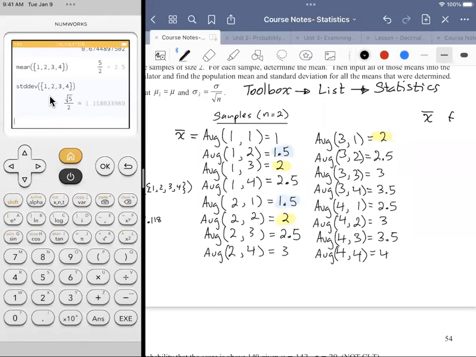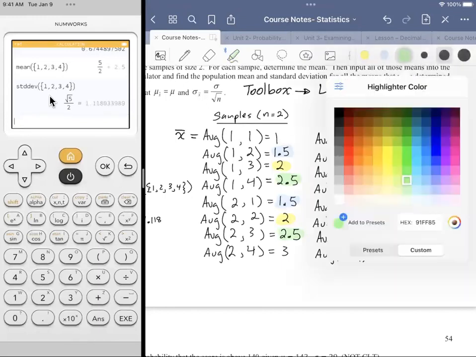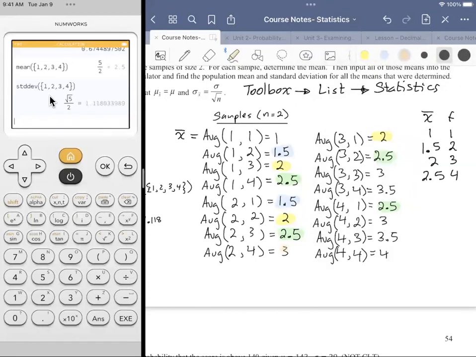So the 1, I only see 1. 1.5 occurs twice. 2 occurs 3 times. 2.5 occurs 1, 2, 3, 4 times. Three occurs 1, 2, 3 times.